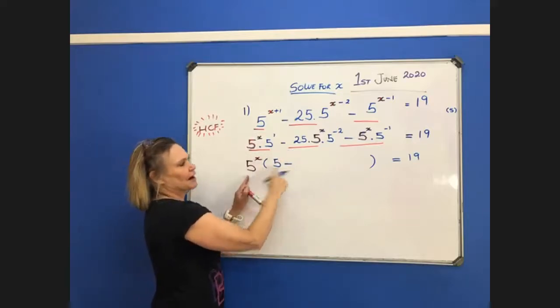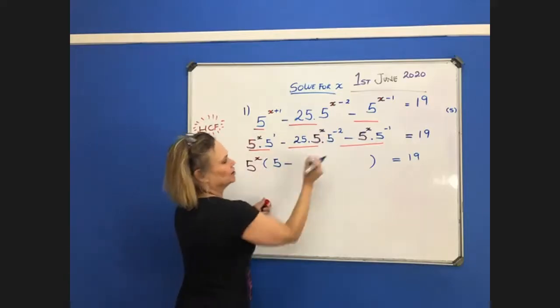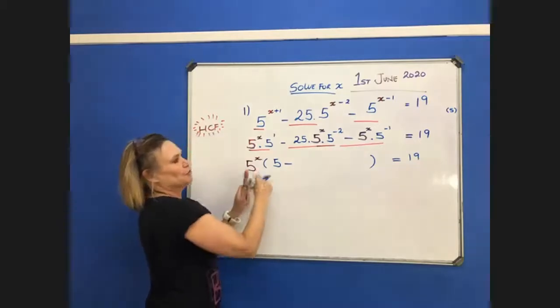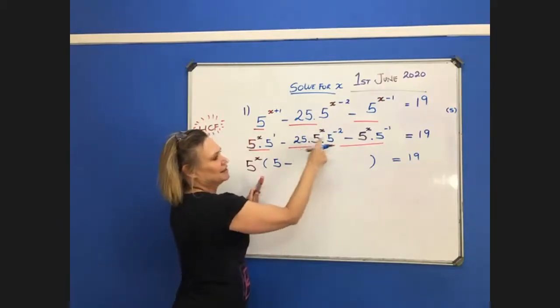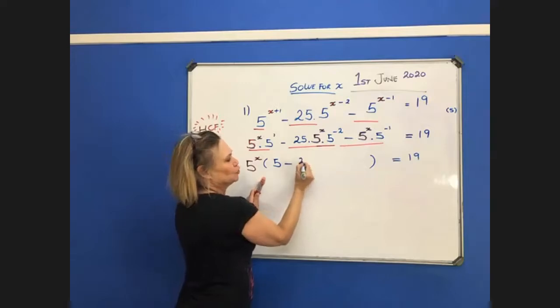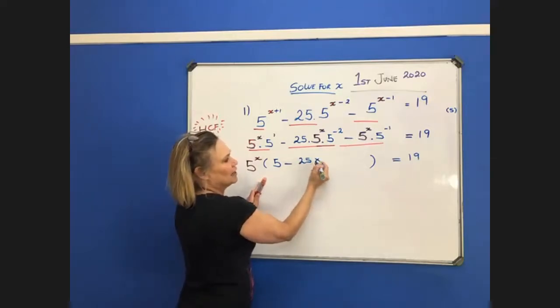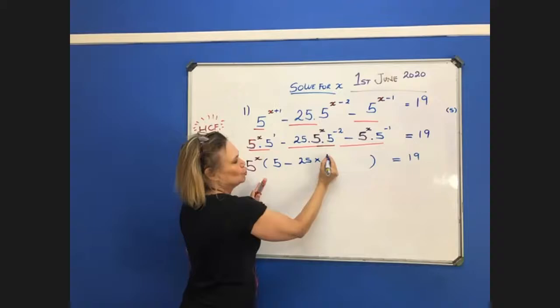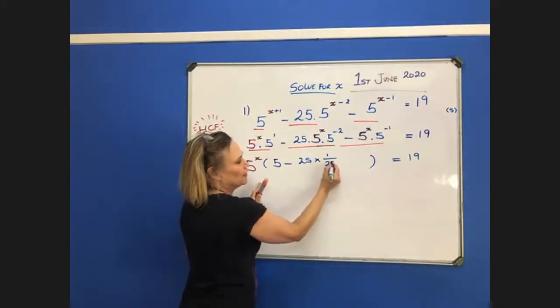Now, when you divide this middle term, sorry, it goes a little bit further, with your 5 to the x, you're left with that times that. So you're left with 25 times 5 to the minus 2, which is 1 over 5 to the 2, which is 1 over 25.